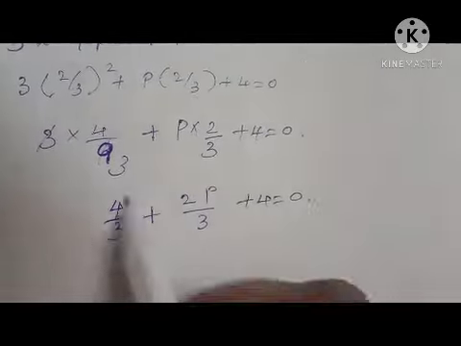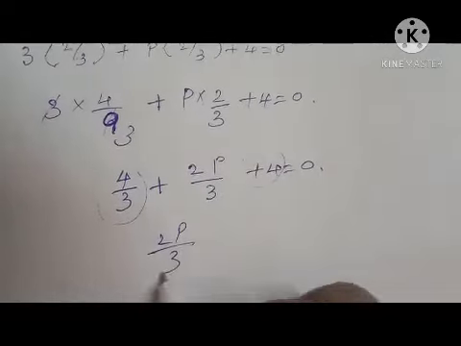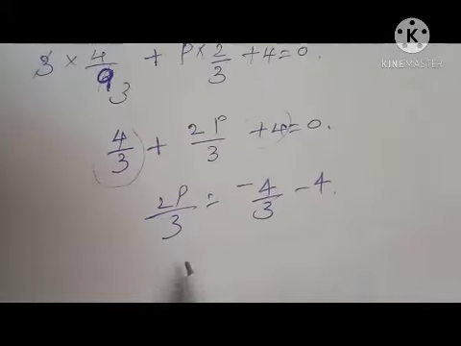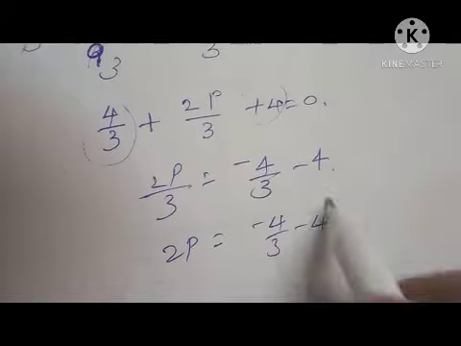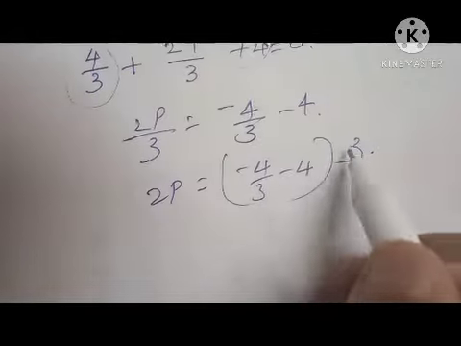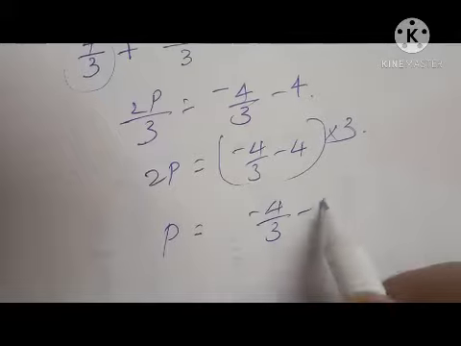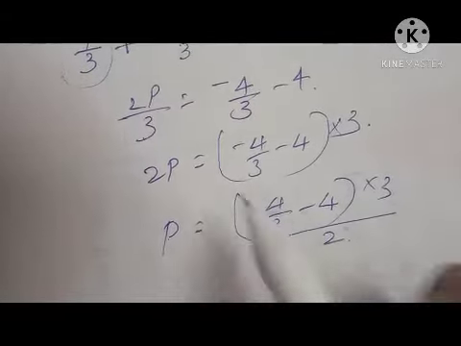So we can transpose the number term to the right side. So 2p by 3 equals minus 4 by 3 minus 4. Then 2p equals minus 4 by 3 minus 4 into 3. Transpose this 3 to here. Then p equals negative 4 by 3 minus 4 into 3 by 2.